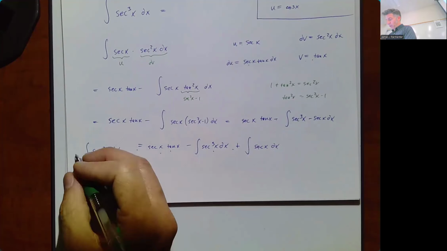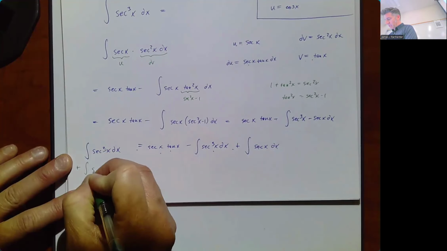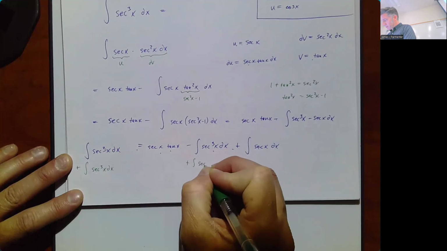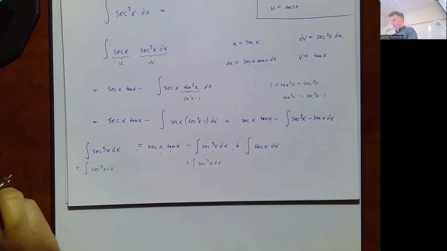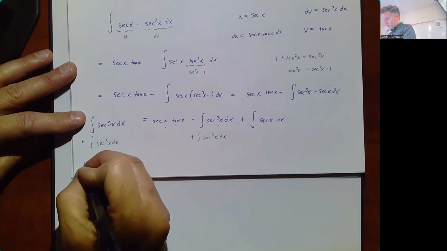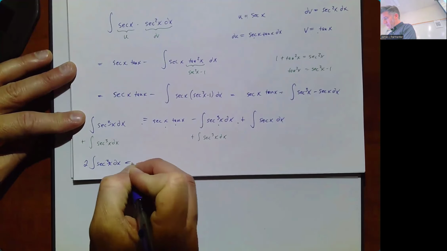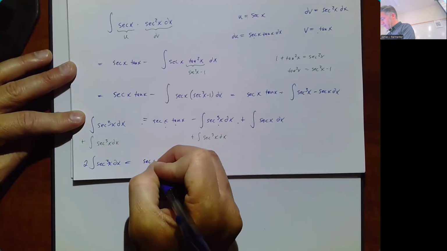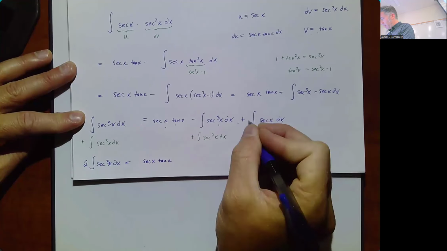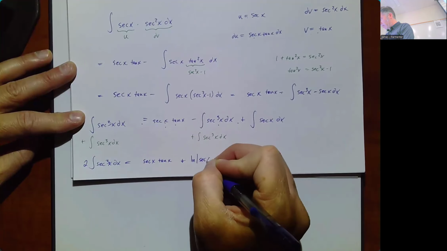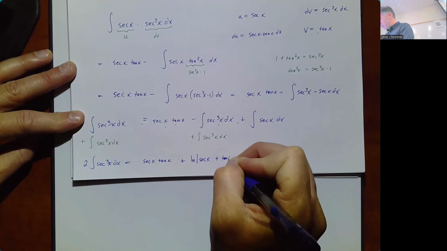So then we're going to add the integral of secant cubed x to both sides. And we're going to get 2 times the integral of secant cubed x equal to secant x tangent x plus the integral of secant, which is the natural log of the absolute value of secant x plus tangent x.